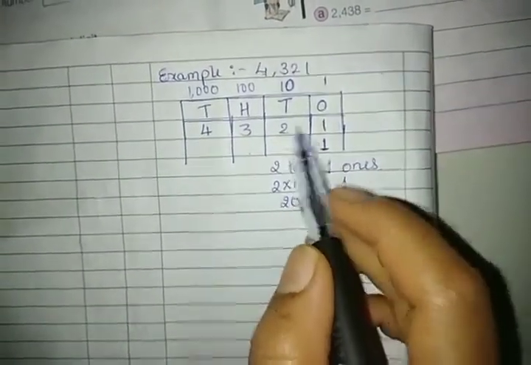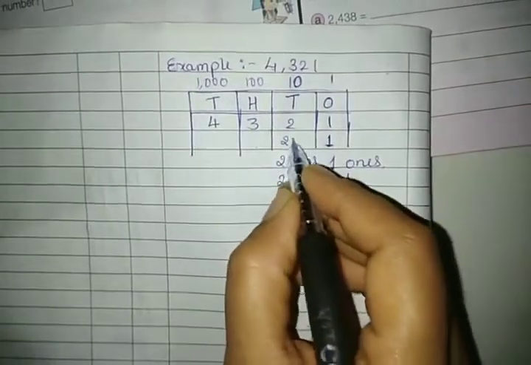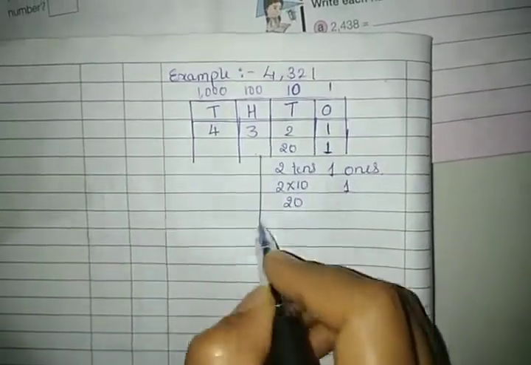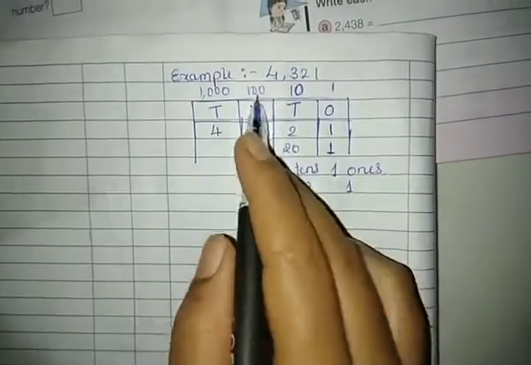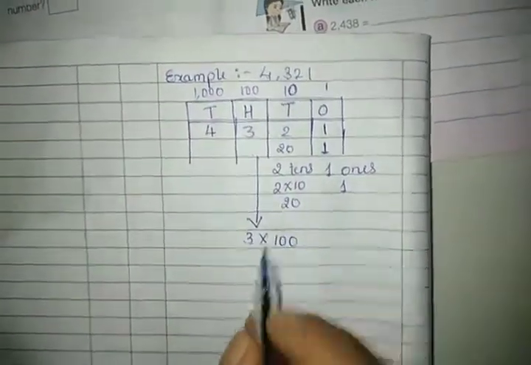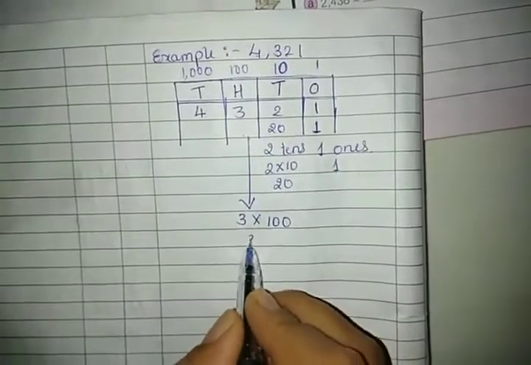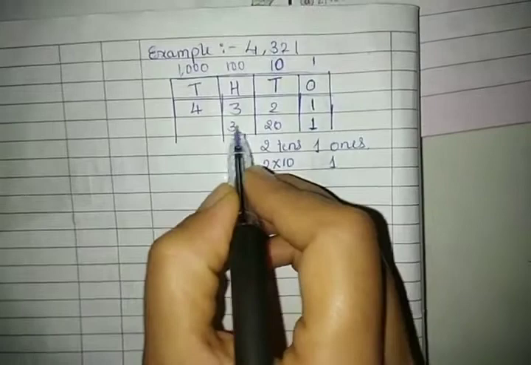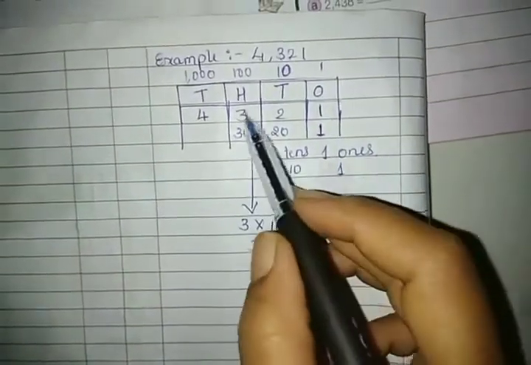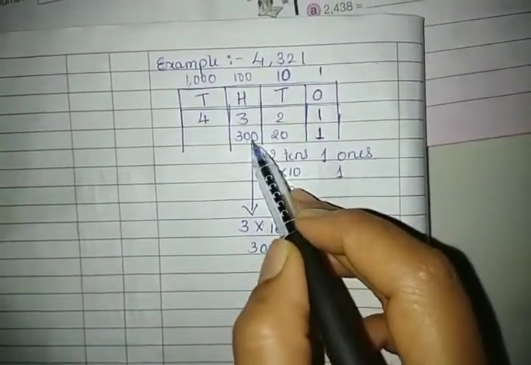So the value of 2 in tens place will be 20, and the value of 3 in hundred place will be 3 into 100. 3 into 100 is 3 ones are 3 as it is, followed by these two zeros. The value of 3 in hundred place will be 300.